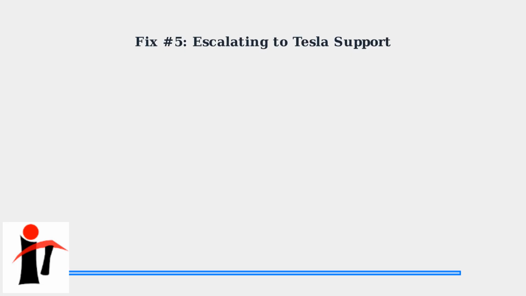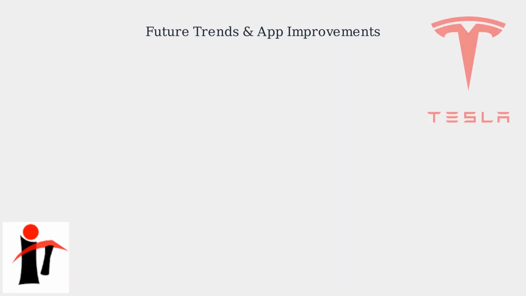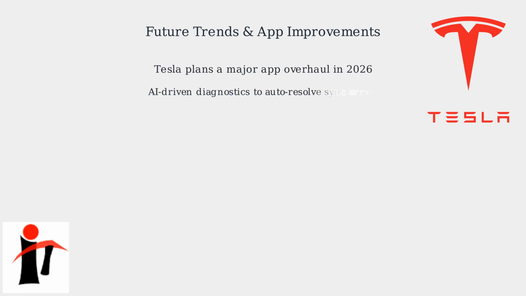Tesla recognizes these app challenges and has ambitious plans for the future. A comprehensive app overhaul scheduled for 2026 will transform how the app handles sync issues. The upcoming update will incorporate AI-driven diagnostics that can automatically detect and resolve sync errors, potentially eliminating the need for manual troubleshooting in many cases.